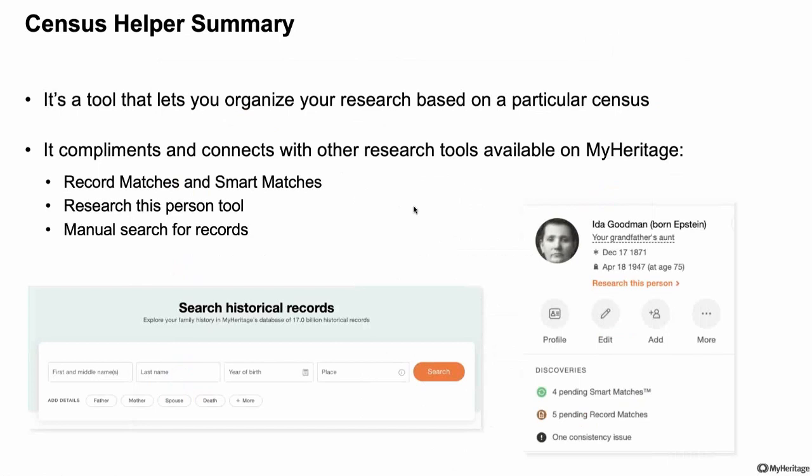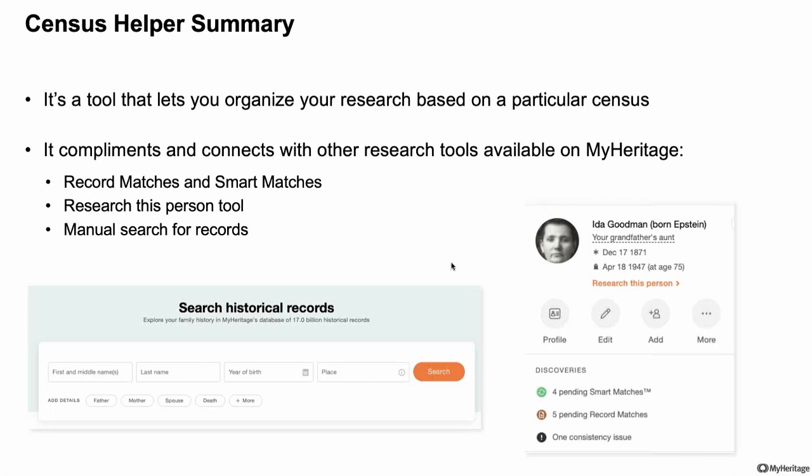And it complements and connects with other research tools that are available on MyHeritage. We have the record matches and smart matches, which are a mechanism for our system to automatically find other records about people in your tree in other trees or in other record collections. And you can see, we showed you how these are connected. And of course, you can do what we call a research this person. Once you get to a person in your tree, you can run a search for a particular person in all record collections.